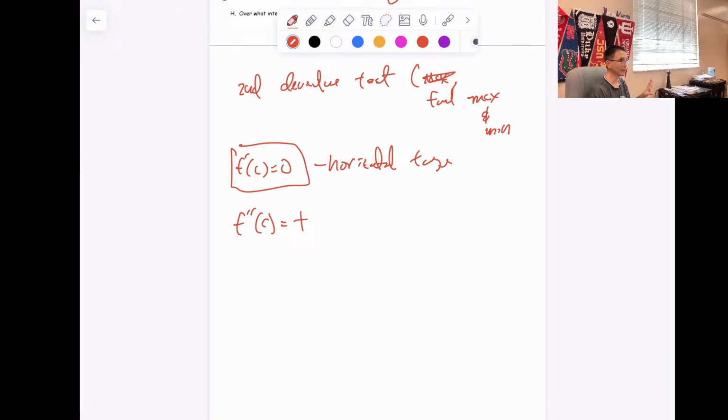Think again. Slow down and think. If f double prime of c is positive, is c a maximum or minimum? Ria, what do you think? I think that it's a minimum. Is Ria right?